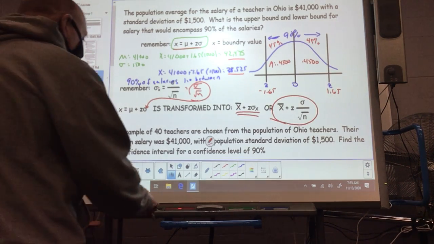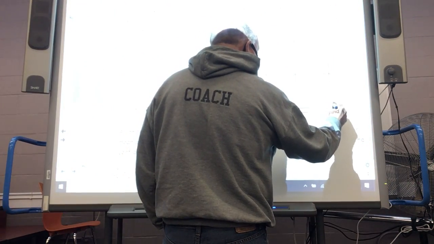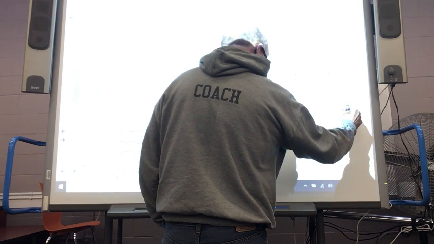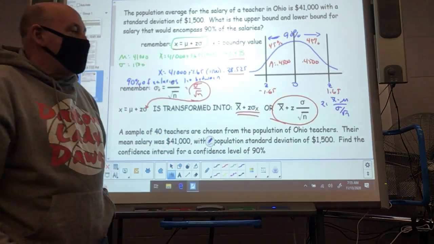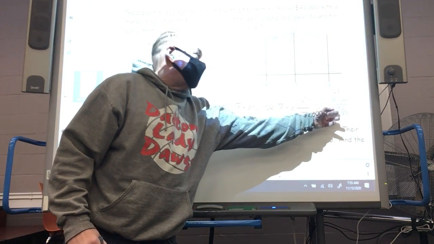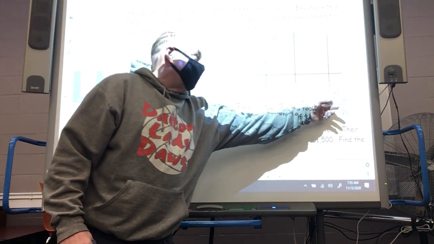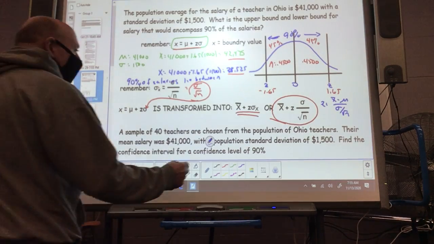Basically, this is how we found our z-score with the central limit theorem: x bar minus mu divided by sigma divided by square root of n. If I multiply both sides by sigma divided by square root of n, times z, and then add our x bar to that, this is what we transform into.